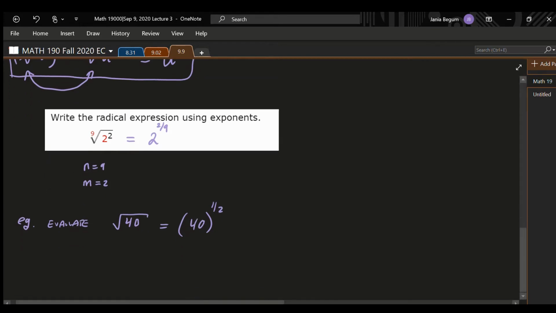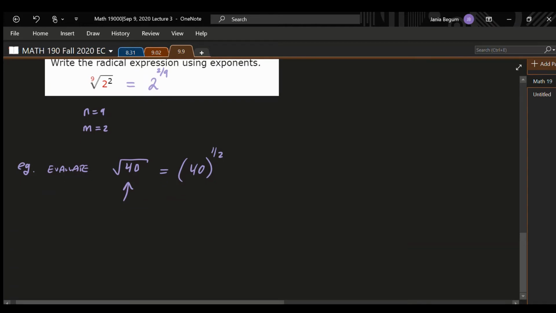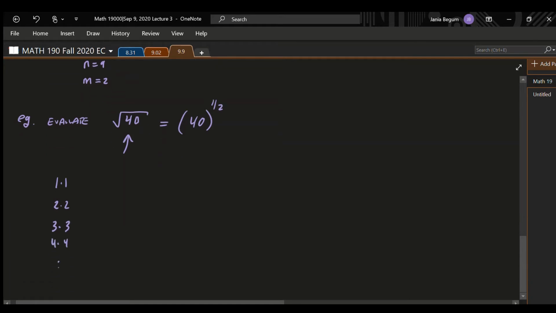So what you want to do is focus on this and evaluate. To evaluate, what it really means is you ask yourself what number multiplied by itself 2 times, because it's a square root, gives you 40. Now if you look down all the perfect squares, we have 1 times 1, 2 times 2, 3 times 3, 4 times 4, and so on. These are the perfect squares.